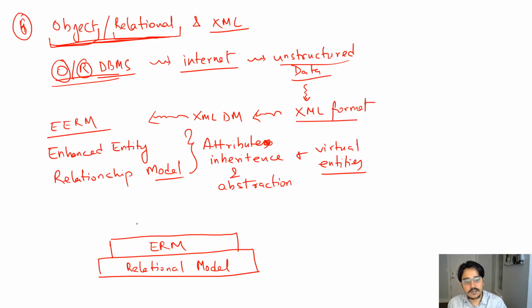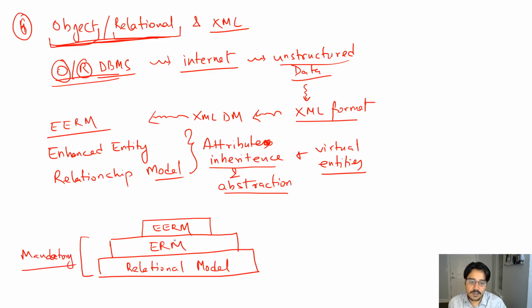And then finally, on top of that, we will apply the extended entity relationship model in order to seek avenues of improvement in our database design by incorporating the concepts of attribute inheritance and abstraction, if applicable. Okay. So these two steps for your project as well is going to be mandatory. Okay. And for ERM, we will use crow's foot.